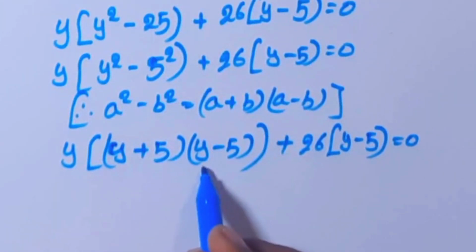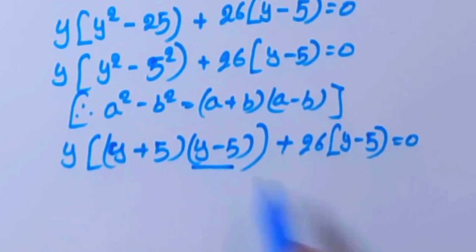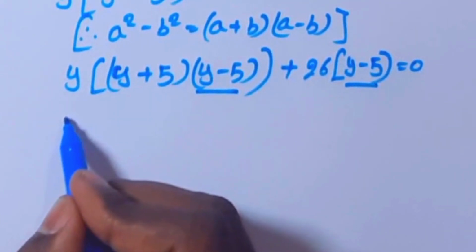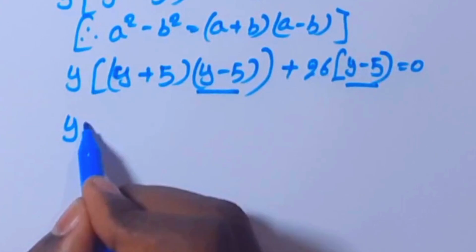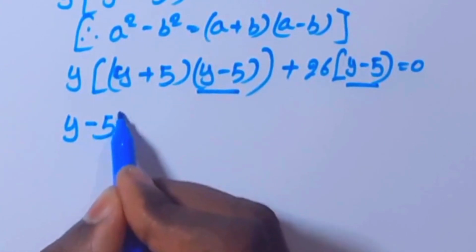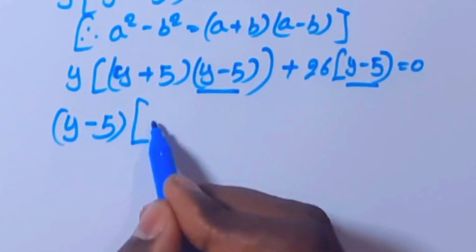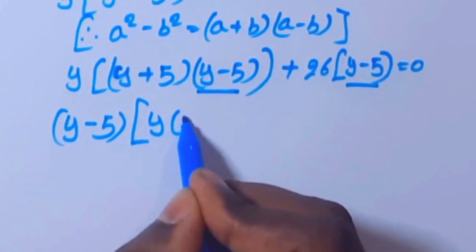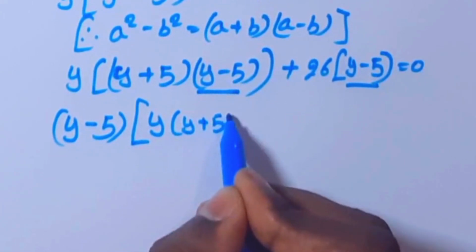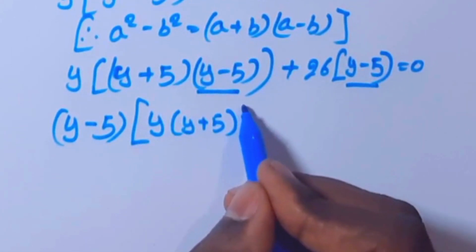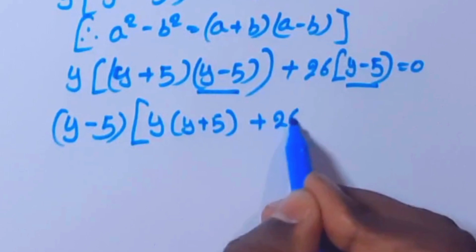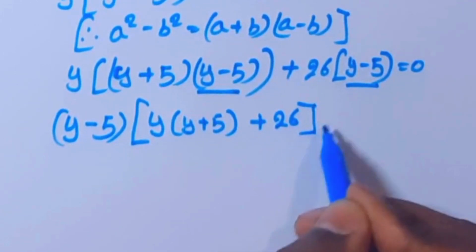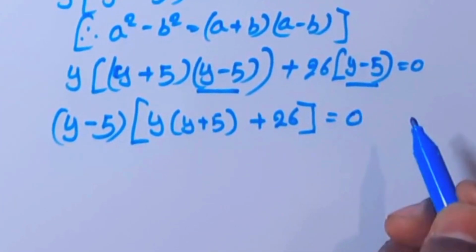Now we are able to see y minus 5 here, we are going to take common out. So (y minus 5) common, open bracket, y into (y plus 5) close the bracket, plus 26. Now we have taken this y minus 5 out. So close bracket equal to 0.